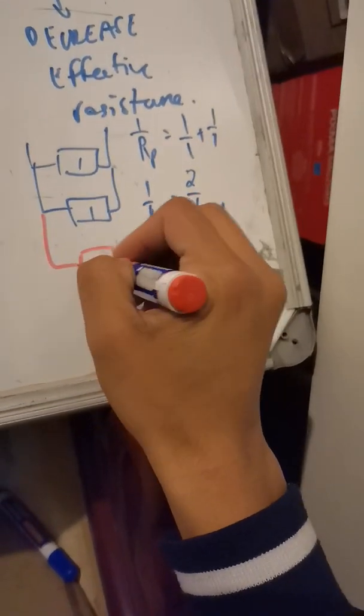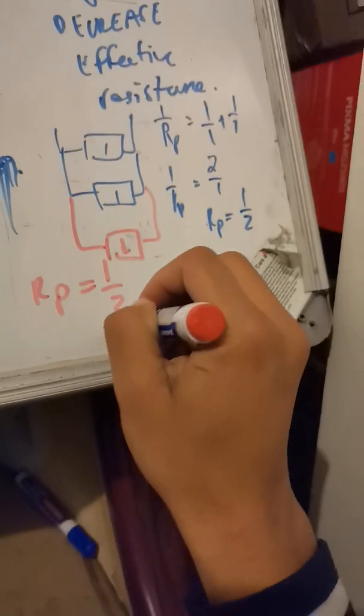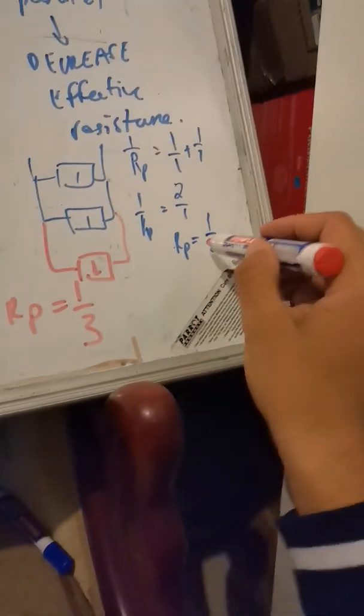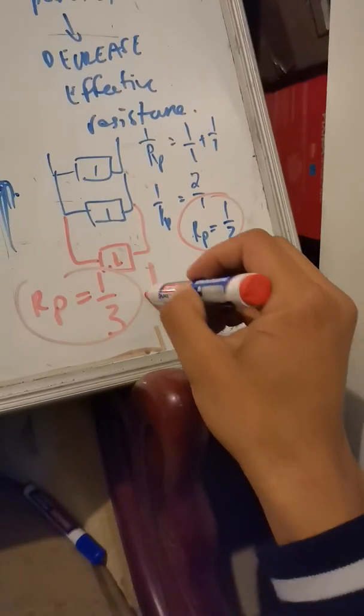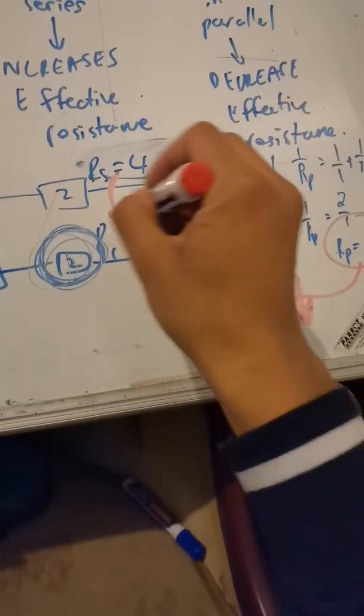But if we add another resistor, also 1, RP is actually going to be equal to 1 over 3. You will see that the effective resistance decreased from a half to 1 over 3. But here the effective resistance increased from 4 to 6 if resistors are connected in a series circuit.